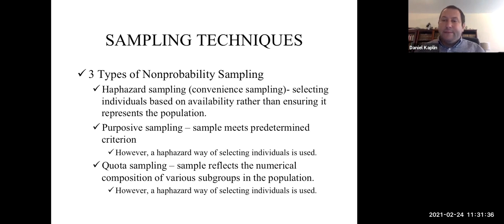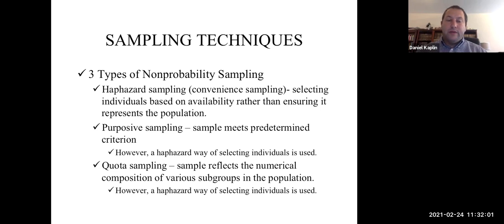Now, purposive sampling: you have pre-established criteria that must be met in order to be eligible to participate. So that would be in your eligibility requirements, but you have an agenda for your research, so they have to meet that requirement. But if they meet that requirement, anyone who volunteers can participate. You don't know the likelihood of being selected again.